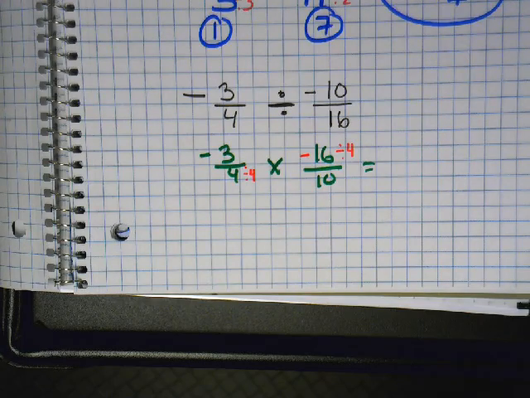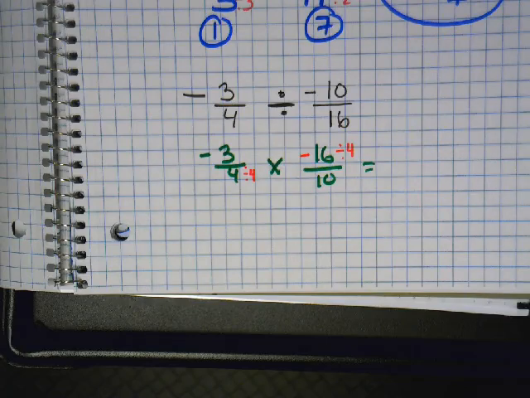Sometimes on worksheets, you'll see the negative on the side. It won't be on top, it won't be on the bottom. It'll be right on the line of the fraction. So then you can put it on the top or the bottom. Doesn't matter. It's just saying that the fraction altogether is negative. And same thing here. This right here also tells you that the whole thing is negative.